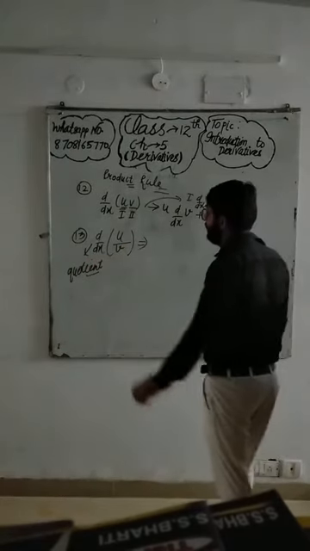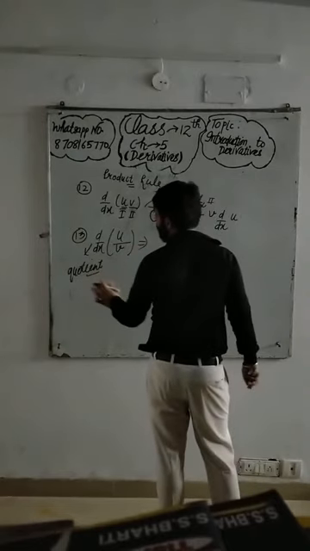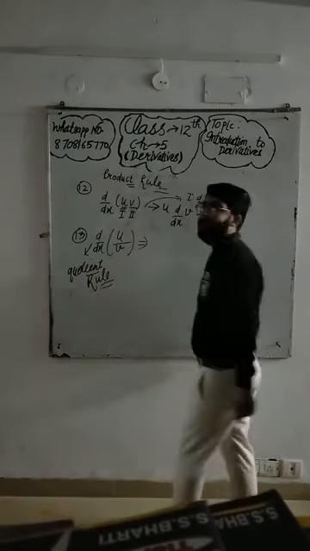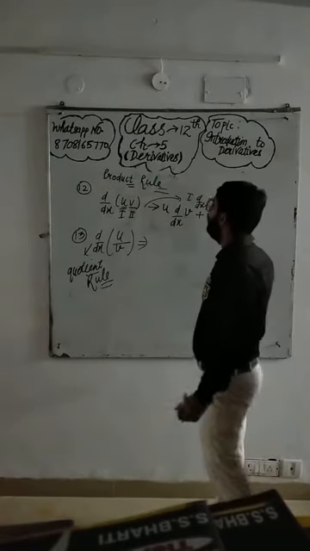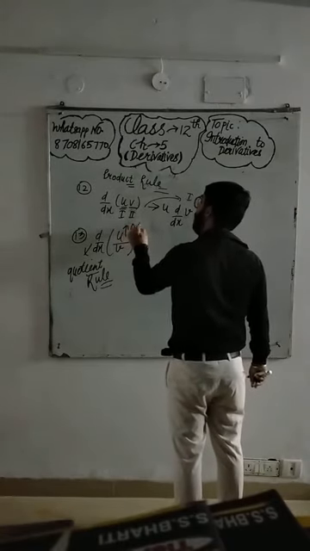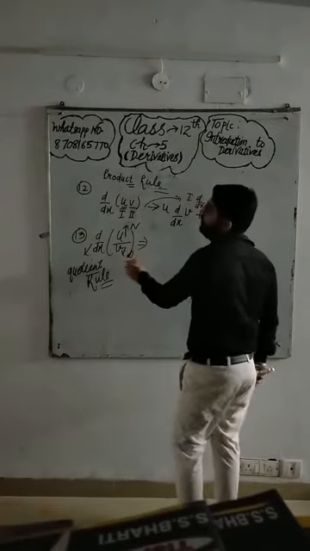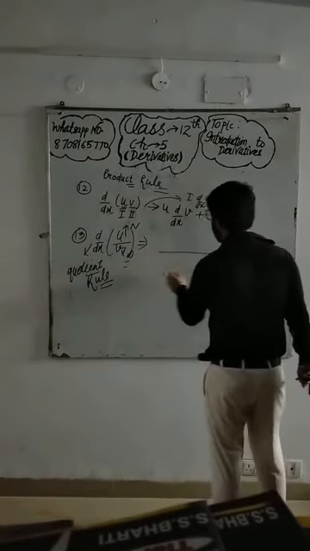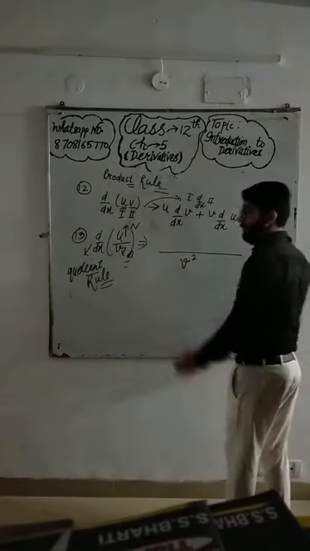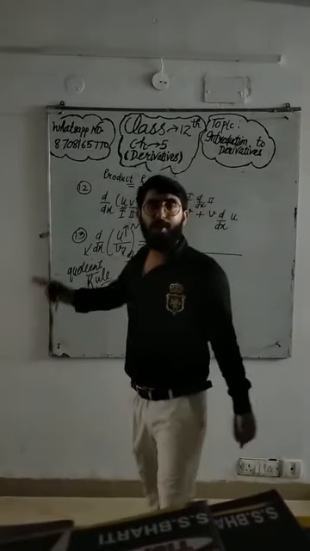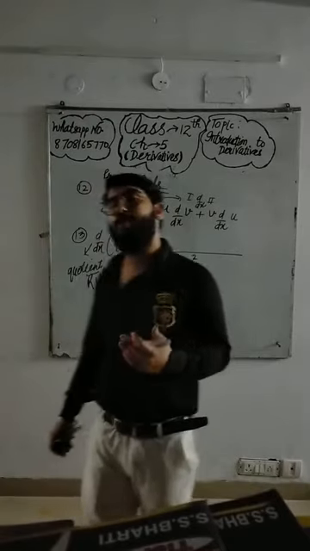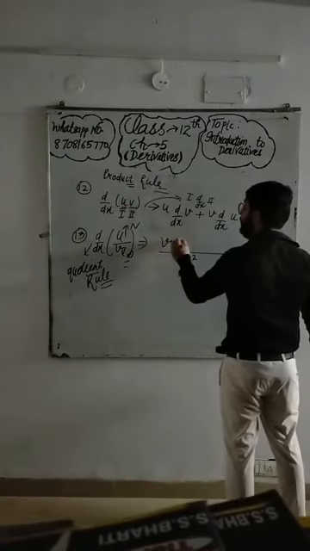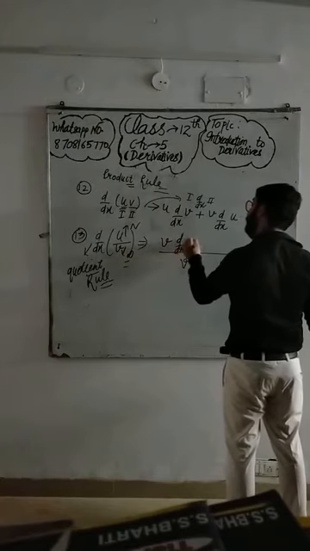Here u is divided by v. Therefore, this rule is called the quotient rule. Suppose this is the numerator and this is the denominator. You can also learn it as the square of the denominator. You can simply say v square, v as it is, ddx of u, minus.